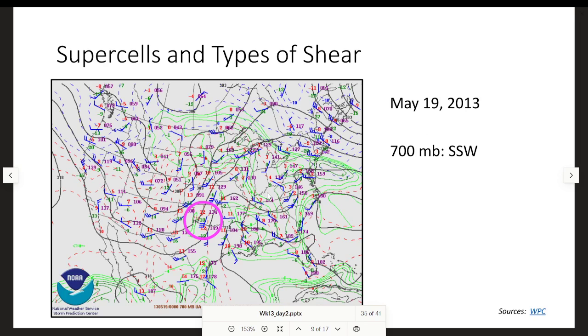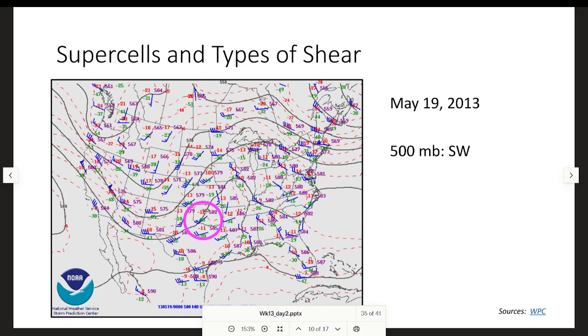Then at 700, you're getting more of that dry air. This is more like the mid-levels, low to mid-levels. So the barb is rotating. Then at 500 millibars, which is halfway up the atmosphere, you're really getting that dry air to come in at this level. And the wind has changed direction significantly.